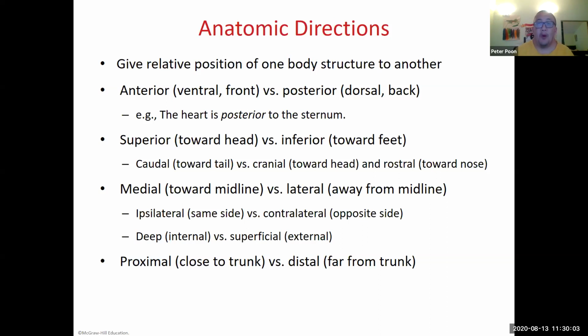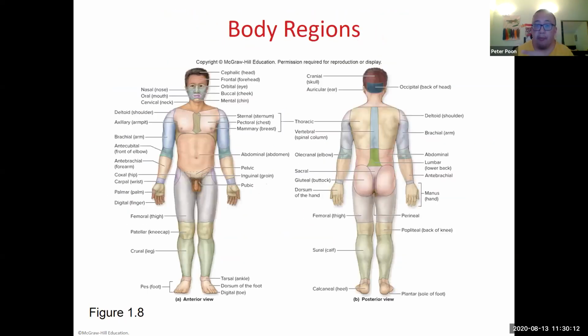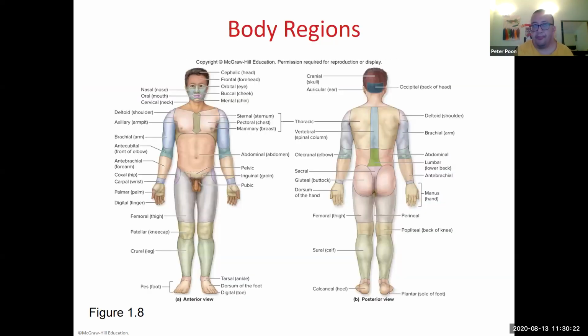One of the things you have to get really familiar with is anatomical directions and the anatomical body regions. That is the big takeaway lesson from this chapter, along with the different systems.